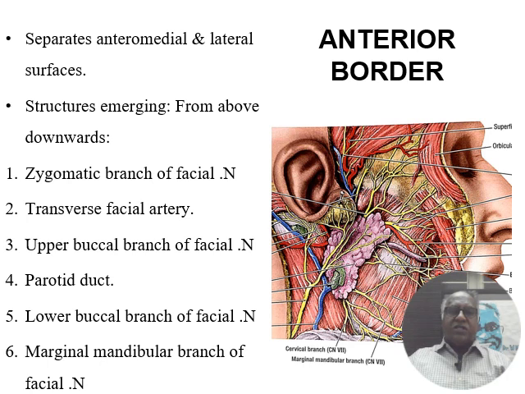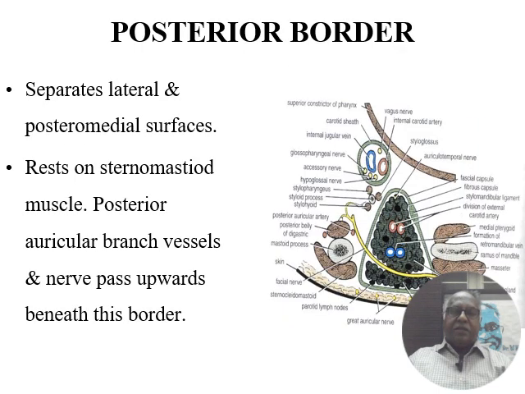So these are all the structures at the anterior border of the parotid gland: the various branches of the facial nerve, the transverse facial artery, and the parotid duct.